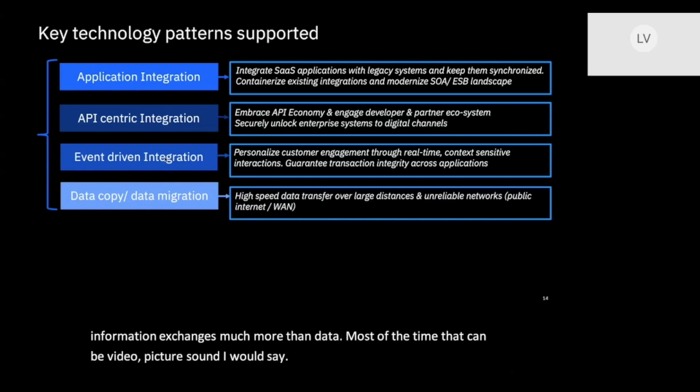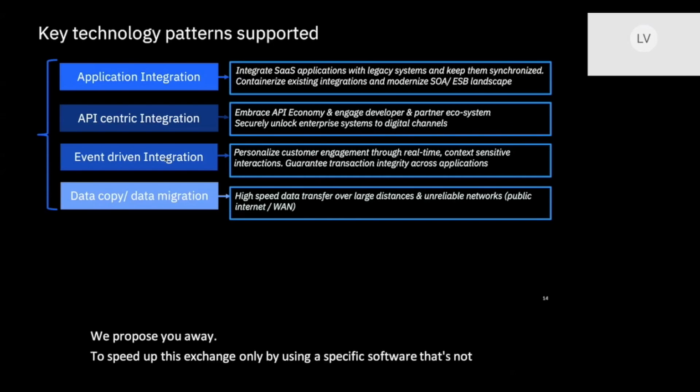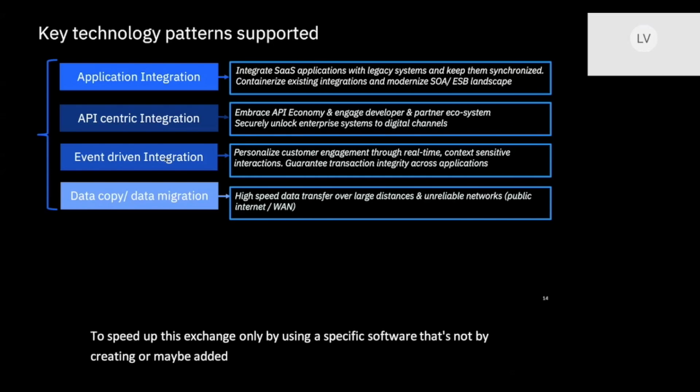And if you're using the standard internet capability, you can get a limitation. We propose a way to speed up this exchange only by using a specific software. That's not by creating or adding some new hardware on your network. You don't have to implement a specific network to do this.